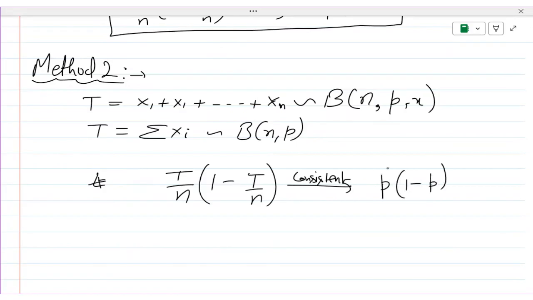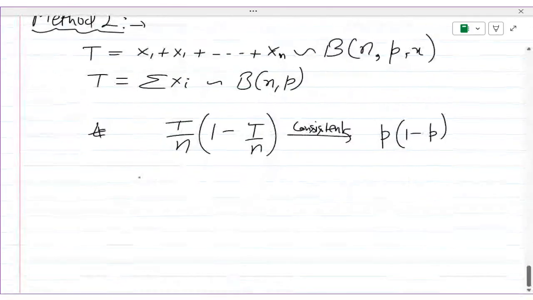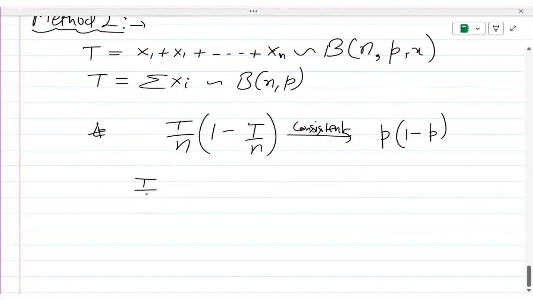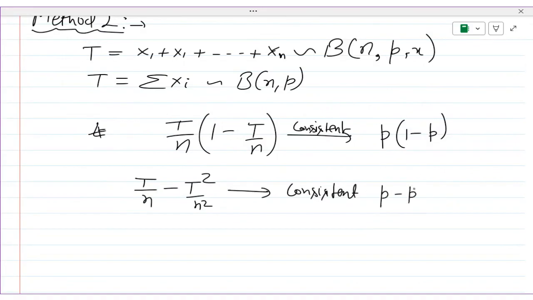Okay, so we have to show this. Or you can say we have to show T by n minus T square by n square is a consistent estimator of p minus p square.